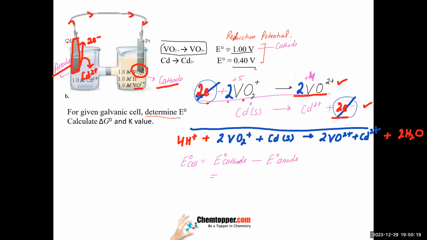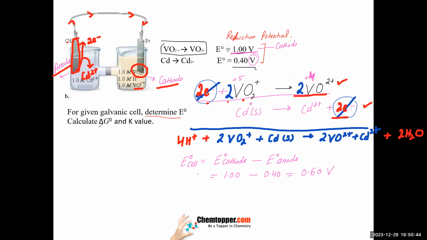Yes, very good, Sanvi. Cathode is how much? This was cathode, right? 1.00. Anode is how much? 0.40. Answer is 0.60. Unit is volts, cell potential, volts. Now this is E naught cell.